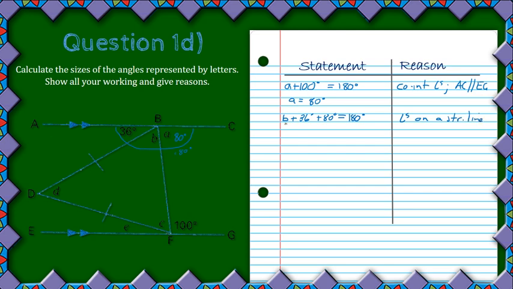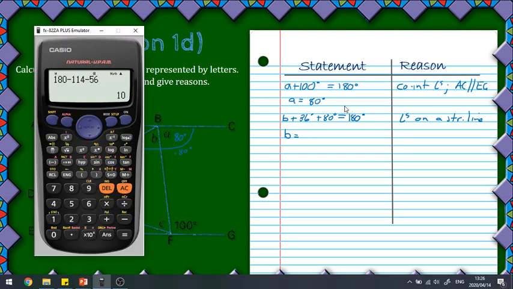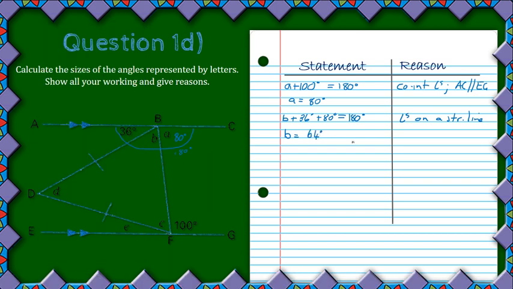Then I can solve for B. So B is equal to 180 minus the other two angles. 180 minus 80, that gives me 100, minus another 36. I think it's just going to be 64. Yes. So that's then 64 degrees. Okay, and then we have C.